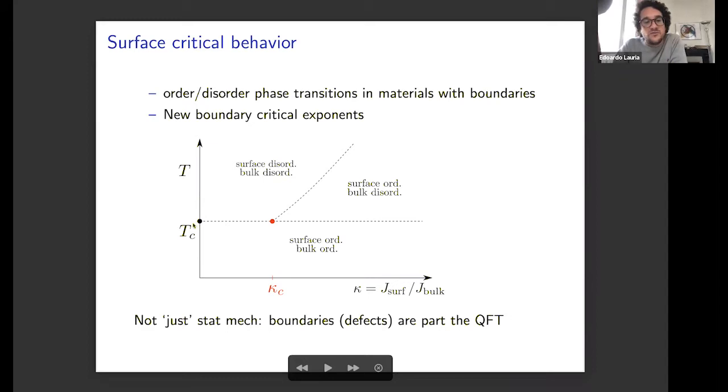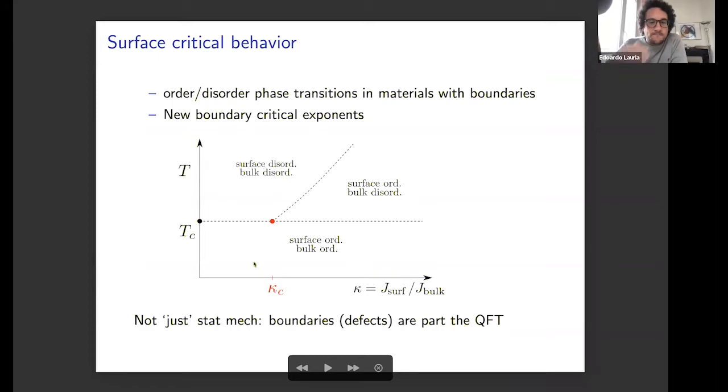Even if you tune your material to the critical point, so that you are sitting at the second order phase transition in the bulk, you still have an interesting phase diagram as a function of this coupling kappa, which is a surface coupling, the strength of the surface coupling with respect to the bulk coupling. You can even hit a boundary phase transition. This red dot is called the special transition.